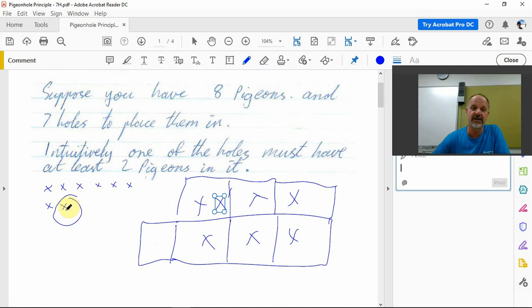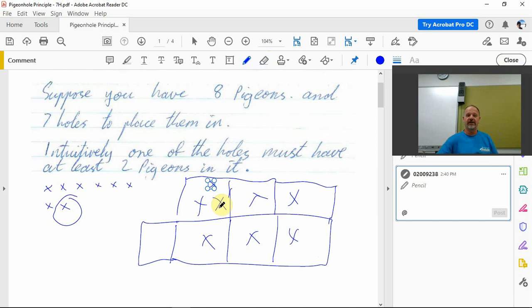Well, then when you get to number 8, you can either stick him in a hole by himself, or you can stick him in another hole here, and then one of the holes must have at least 2, which it does. We've got 2. But if I put him in here, then this hole has 3. So it's saying at least 2.